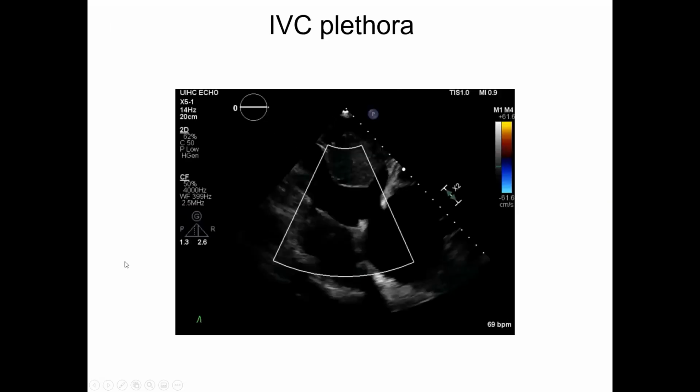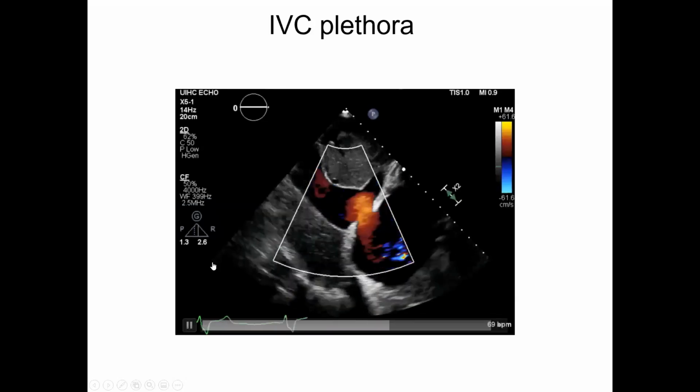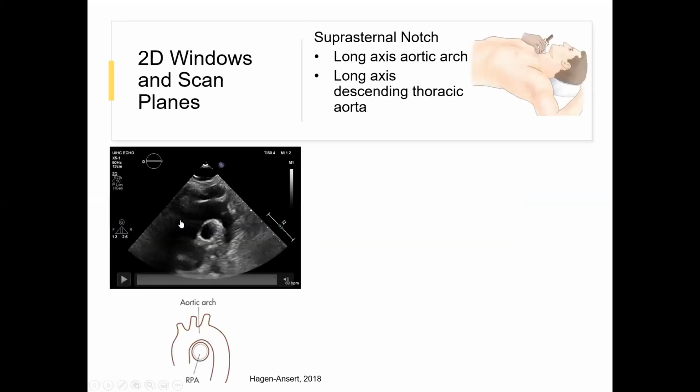Here's of course IVC plethora, where it's dilated and not going to collapse. Now, measurements of the aortic arch are not routinely done, but I wanted to mention them in the event that we need to do them, maybe because of a co-arc or something.